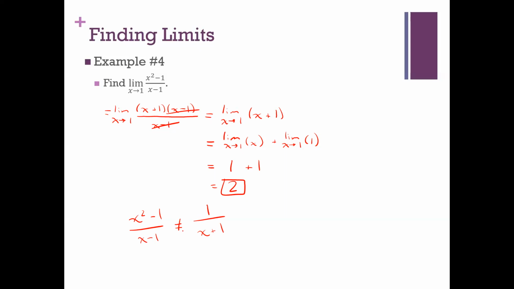Now that I've written that correctly, is that equal? Still no, because the right-hand side is defined at x equals 1. The left-hand side is not. So they have the same limits at x equals 1 and everywhere else, but they are not the same function. Any questions here?